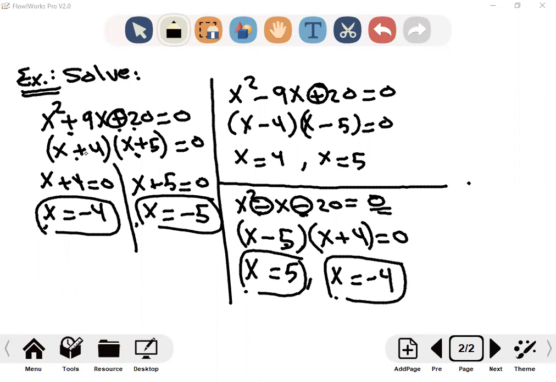Which question? This one? Give me two numbers that you multiply to get positive 20 and add to get positive 9. Two numbers that multiply to 20: 10 and 2. But with 10 and 2, can you get 9 by adding or subtracting?